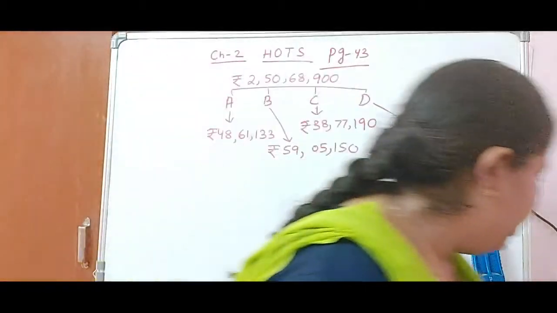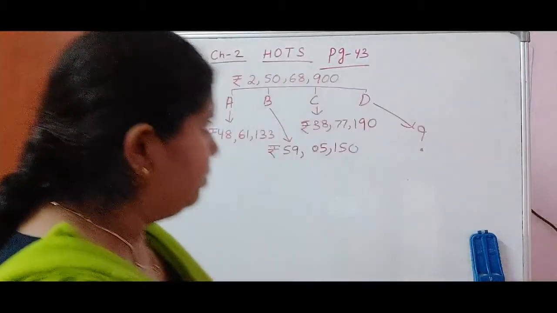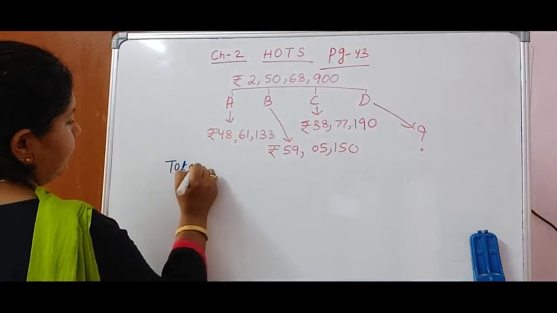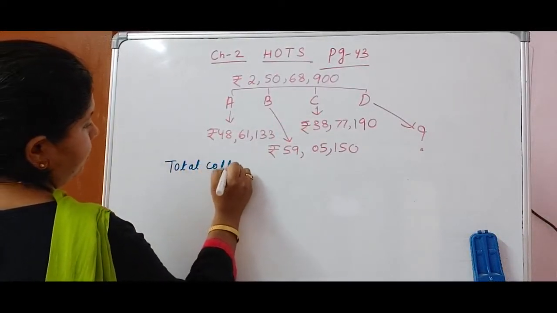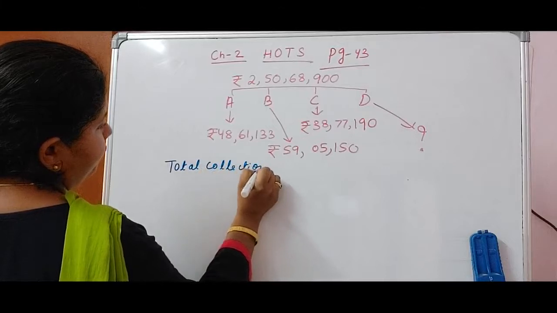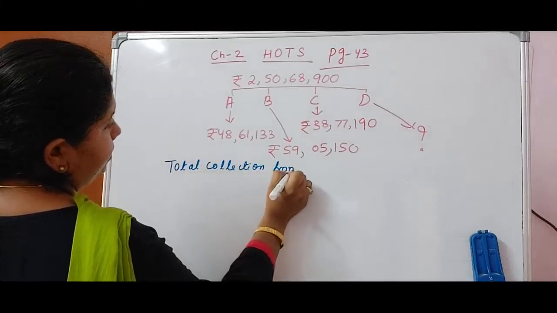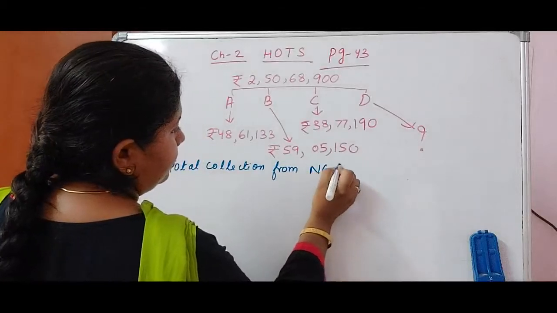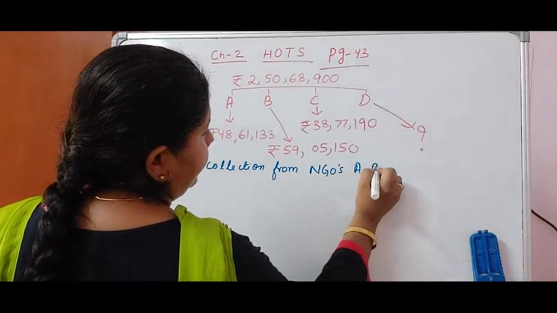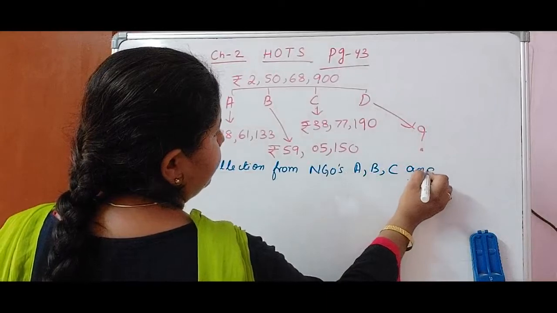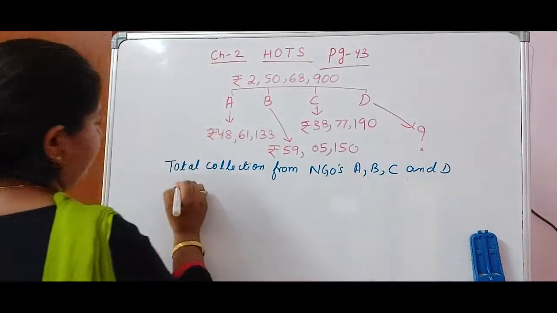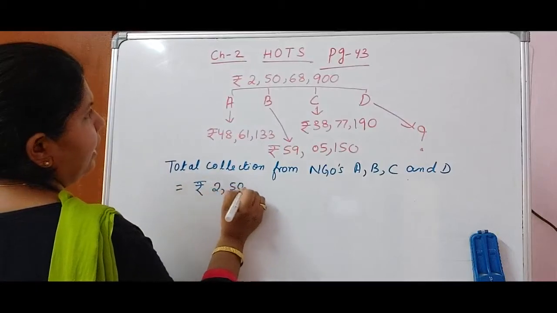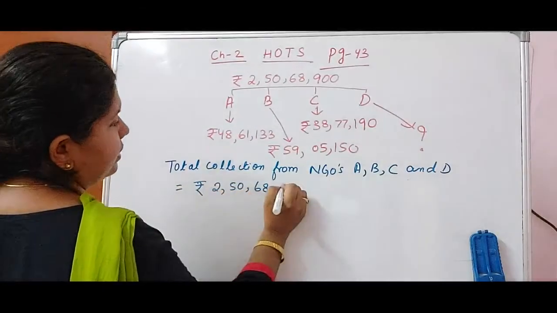Okay, so you write down total collection from NGOs A, B, C and D equal to rupees 2 crores 50 lakhs 68,900.